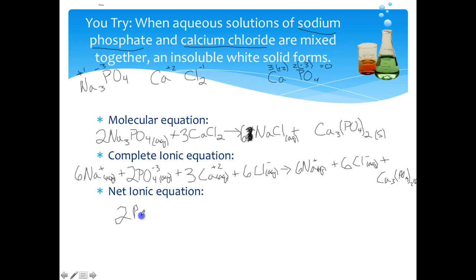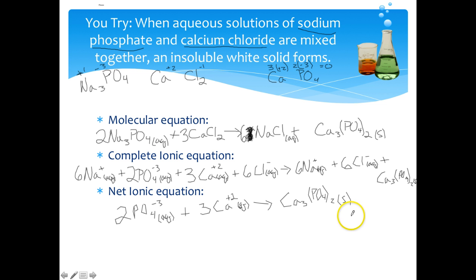So 2 PO4 with the minus 3 charge, and it's aqueous, plus the 3 calciums, plus 2, and it's aqueous, produce the Ca3 PO4 2 which is solid.